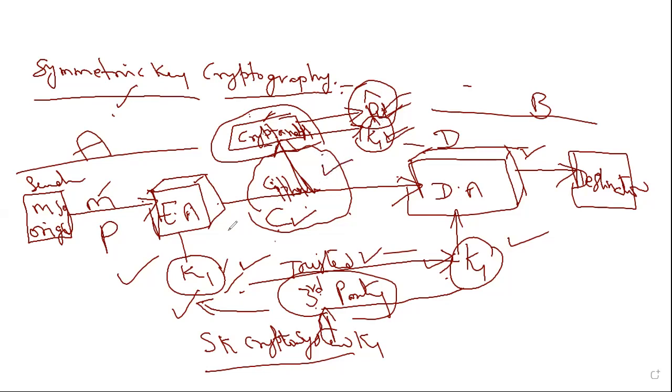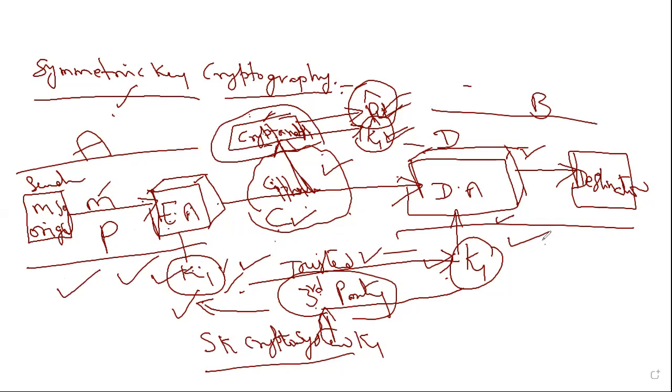Here, this symmetric key cryptography is providing both authentication and confidentiality, right? Authentication means only the authorized sender knows this particular key K1. The sender is using a secret key, and this key is known to sender and receiver only. So authentication is provided, because an authorized person is sending the information.